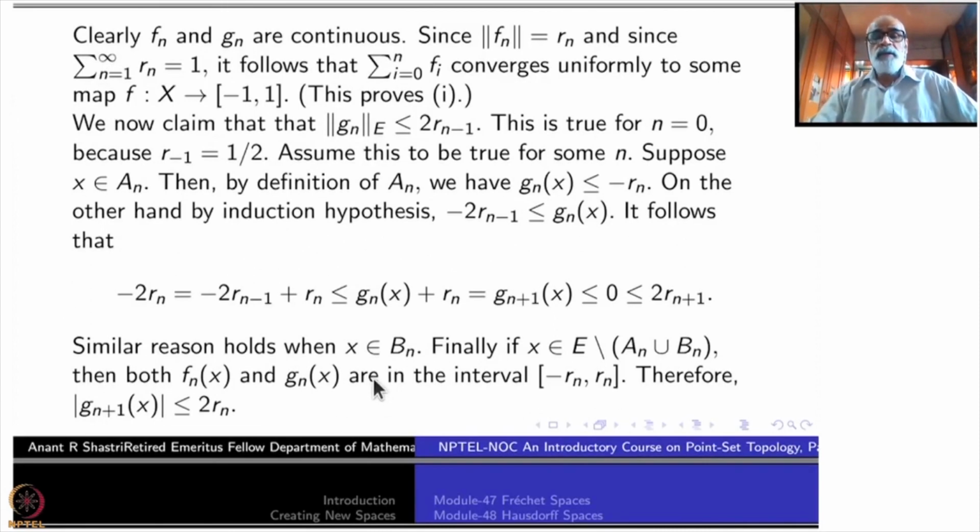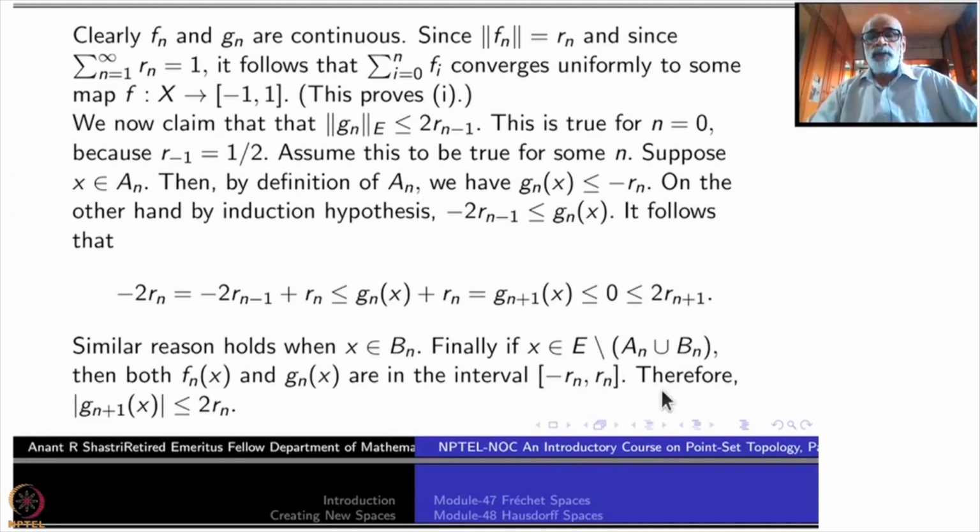So what remains now? Look at a point which is neither in An nor in Bn. Then both Fn and Gn are in the interval minus Rn to Rn by definition, because if it is not in An, it is bigger than minus Rn, and not in Bn, it is less than or equal to Rn.